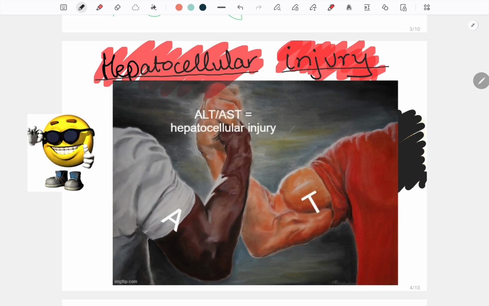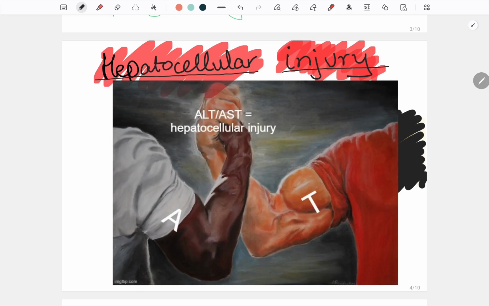But I've created a meme, and in my mind, that's all that matters. So with this meme, it's just remembering that if the enzyme has the letters A and T, that means it's pointing towards hepatocellular injury. And which enzymes have A and T in their abbreviations? ALT and AST. Both ALT and AST show hepatocellular injury.